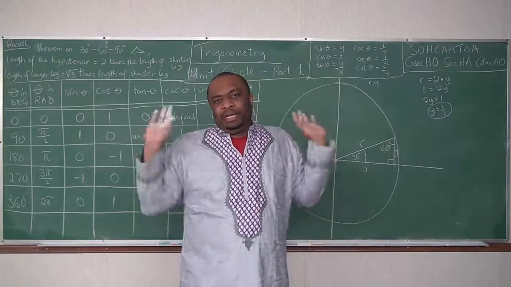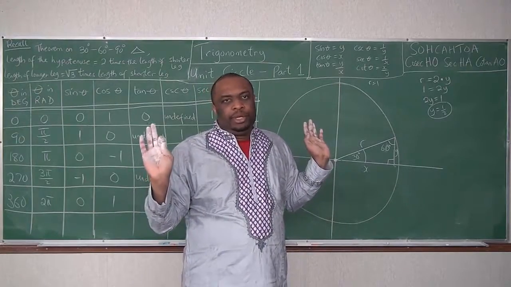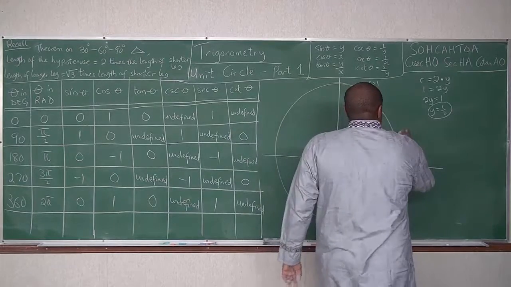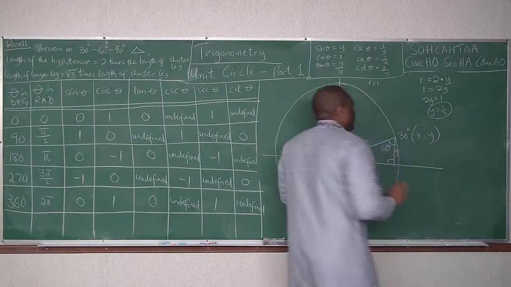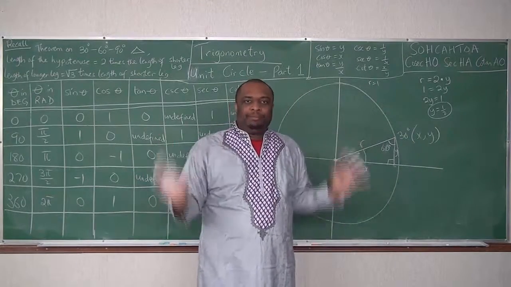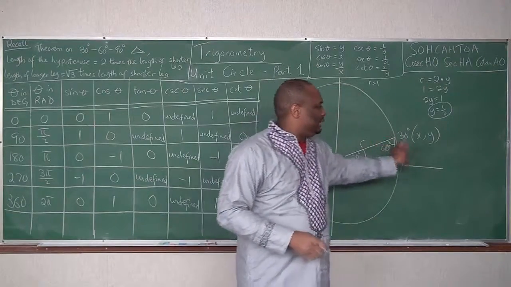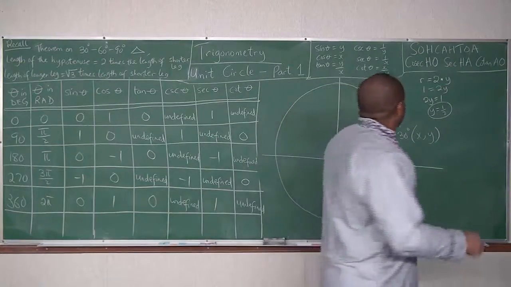Because once we get the coordinates, this is their trigonometric function. So what I am trying to do is, this is 30 degrees here, this is 30 degrees here. I am trying to just find X and Y. Once you can start getting all the coordinates, it makes it easy for the unit circle.